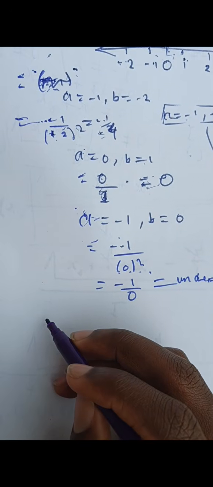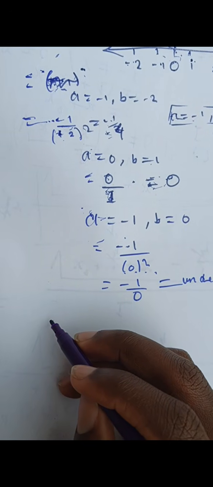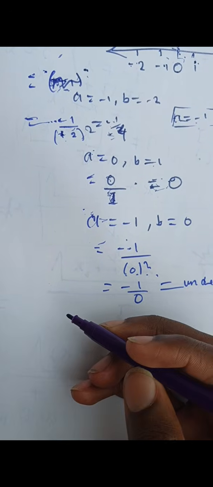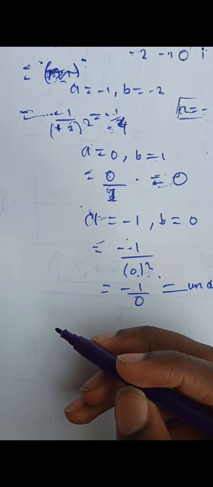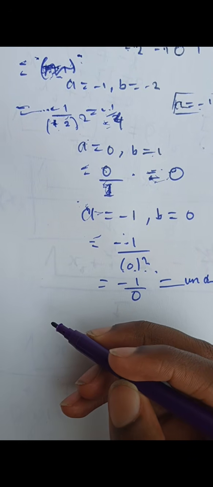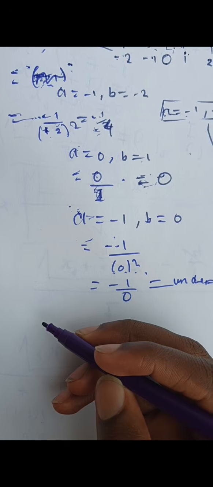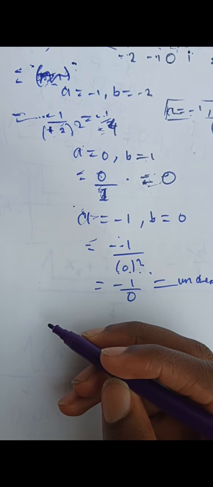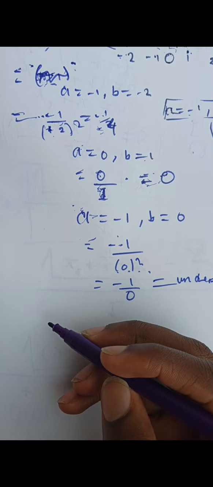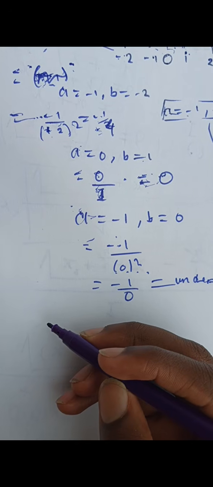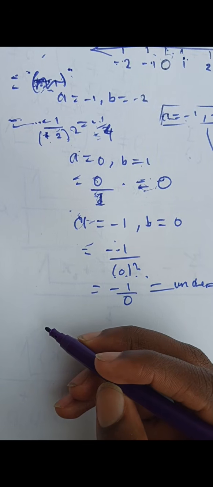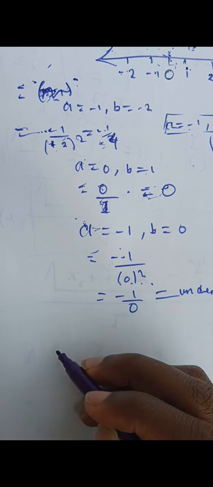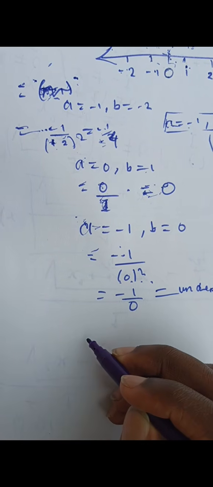So we can conclude that, based on the above counter example, if you're someone who likes concluding properly, you can say: the operation is not defined on all sets of real numbers, because when b is equal to 0, it is undefined.